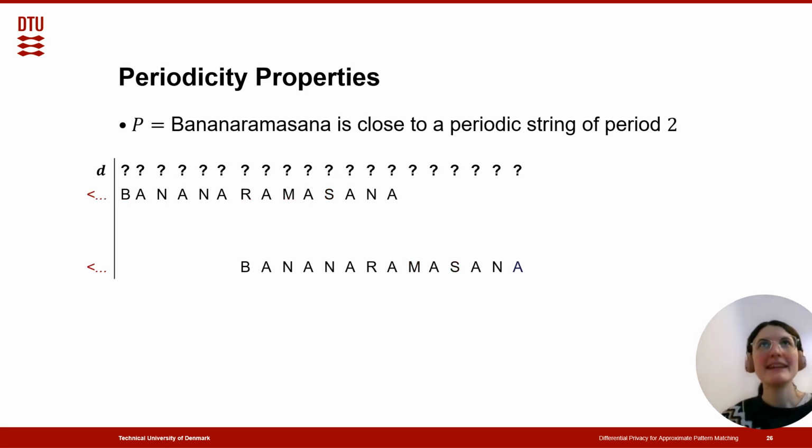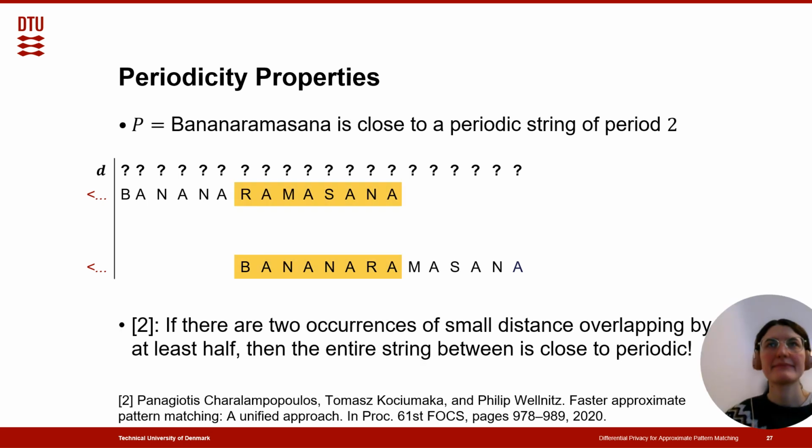The argument that we need is sort of a reverse engineering of this property. It basically says that if we have two substrings of S which are close to P, and P is close to a periodic string, and they overlap by at least half the length of P, then the entire string spanned by those two occurrences is close to periodic, by a recent result from Fox et al., 2020, sort of recent.